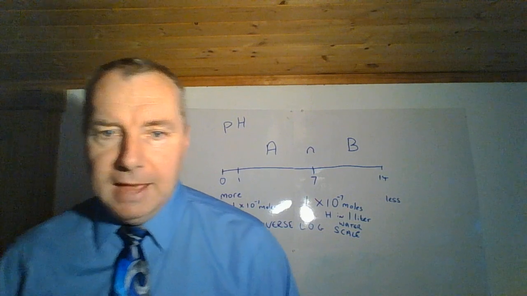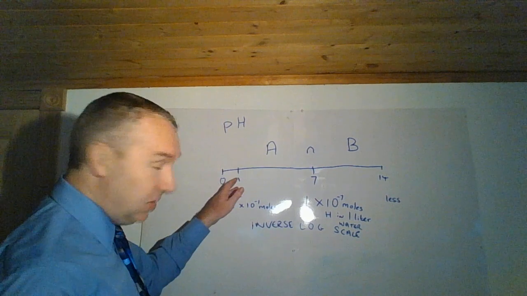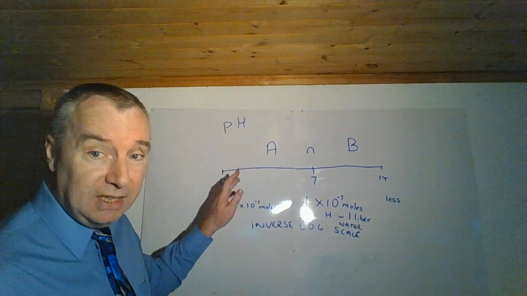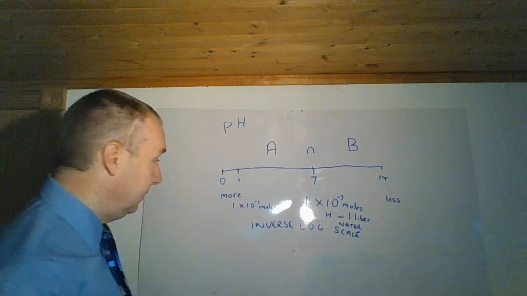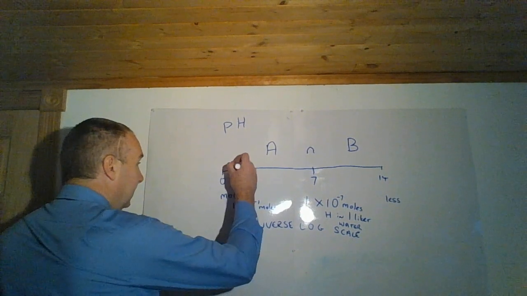So, along with this, you'd say stronger acids will have lower pHs. And lower pHs mean that they are better hydrogen ion donors, over this side.